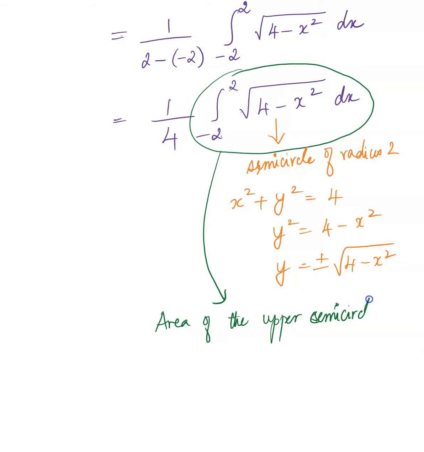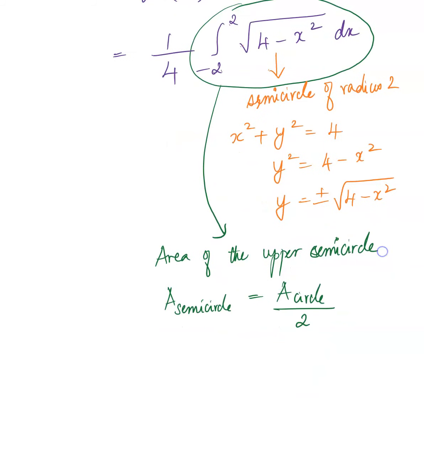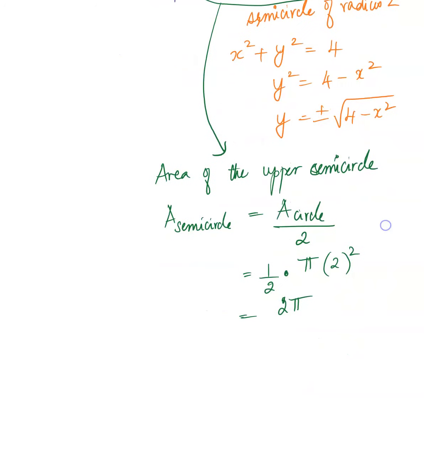The area of a semicircle is the area of the circle divided by 2, isn't it? It's half of the area of the circle. So that'll be half times the area of a circle, pi r squared. R, the radius, is 2 here, 2 squared. So when you clean it up, you get 2 pi.